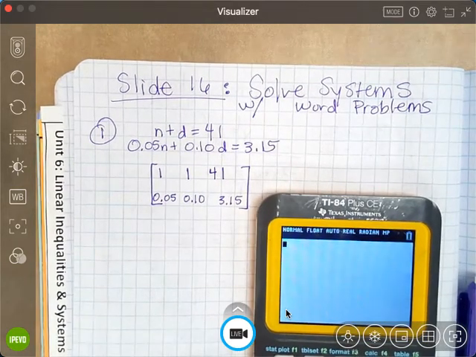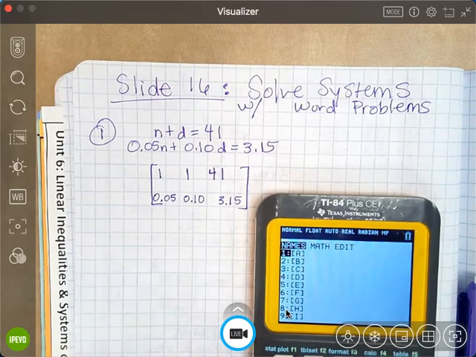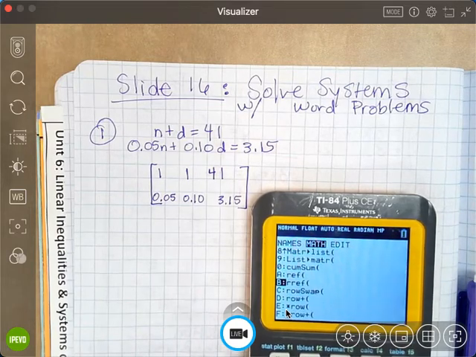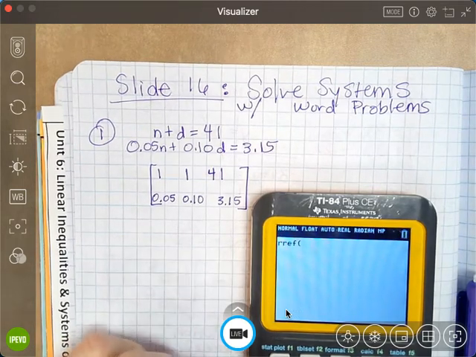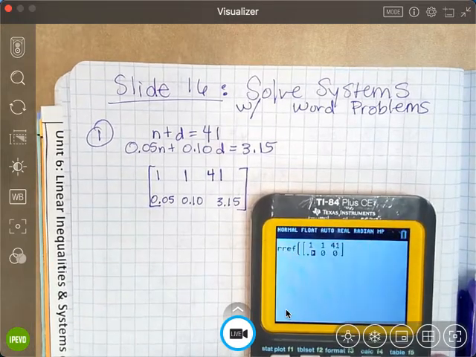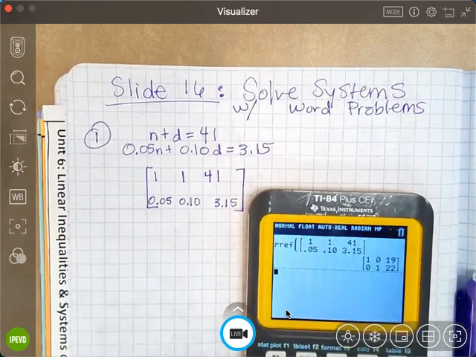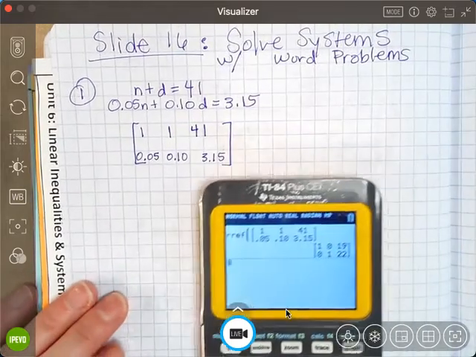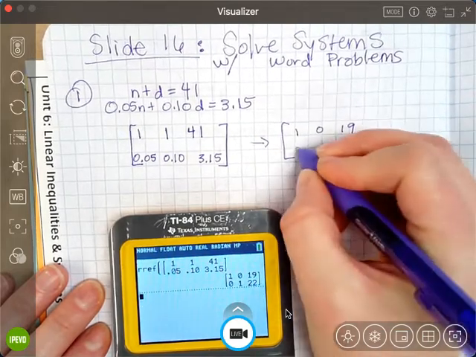So put that in your calculator. Okay, so whenever we do that, we get 1, 0, 19, and 0, 1, 22.